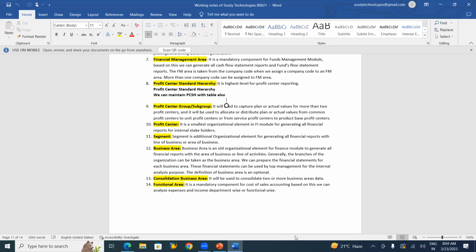Generally, the branches of the organization can be taken as the business areas.